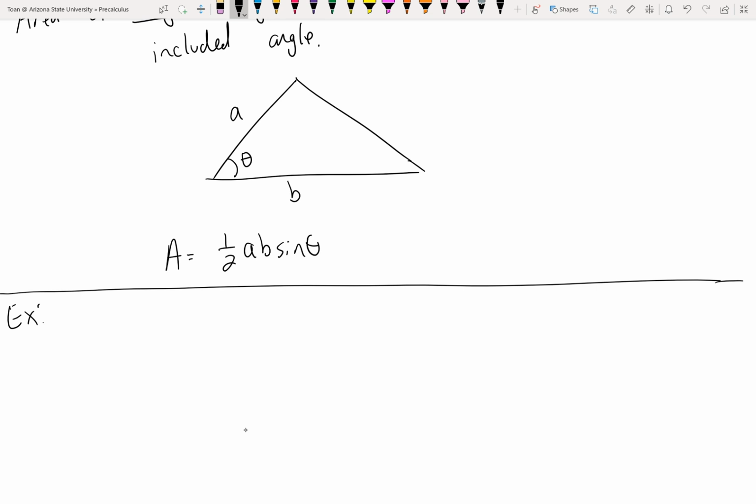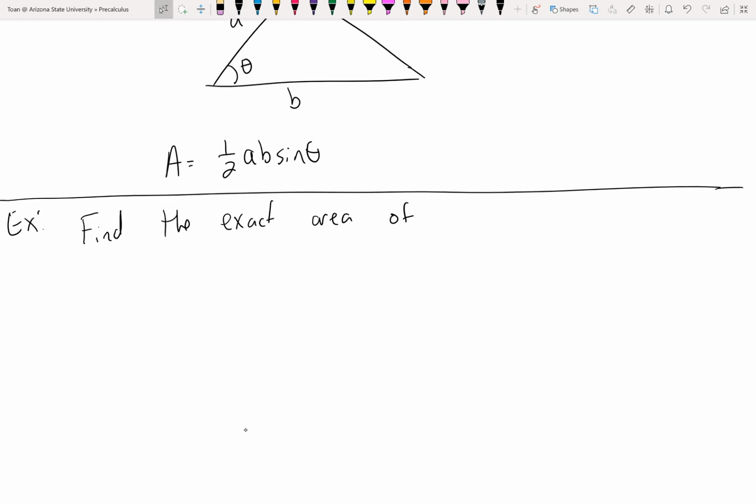It really is just following the formula, right? So suppose I ask you to find the exact area of, my drawing skills aren't that great, but let's say I gave you this triangle here, triangle A, B, C. Actually, I mislabeled it.